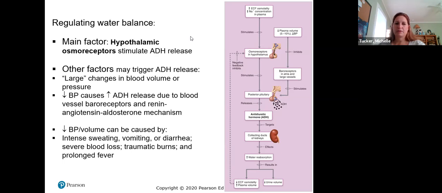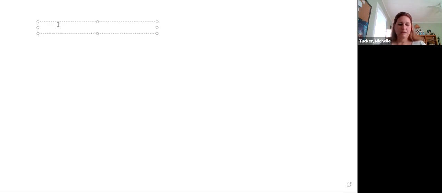again. So I'm going to go ahead and go over to the whiteboard. We look at how sodium is going to affect osmolarity, also known as the ratio of water and salt. Okay, so it's a concentration.